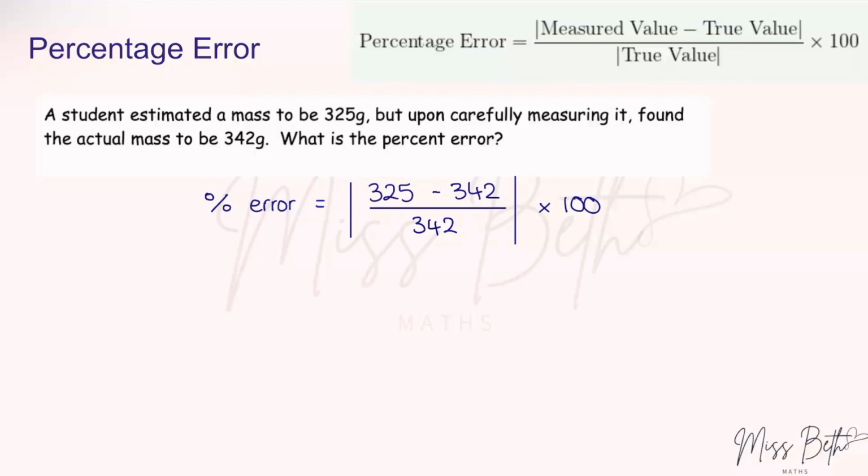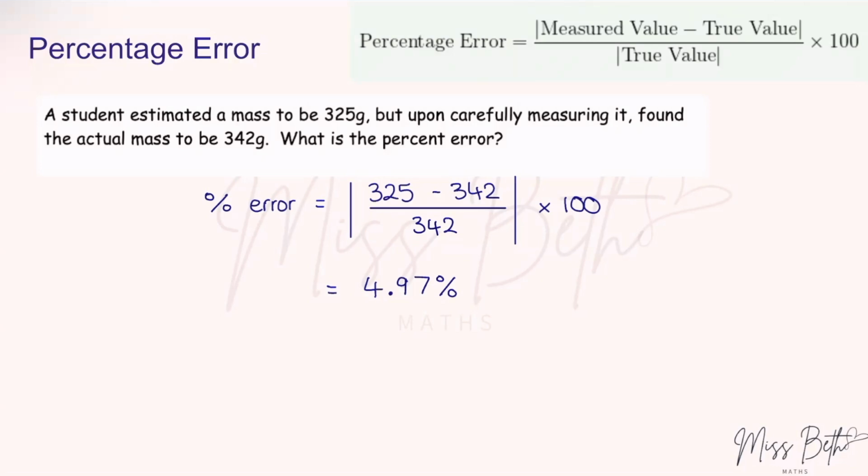On the Desmos scientific calculator on the eAssessment, you do have absolute value. So just make sure you're familiar with how to find it or where to find it. Okay, but pop this into your calculator and you would come out with 4.97%. Okay, so that is a percentage error of 4.9%.